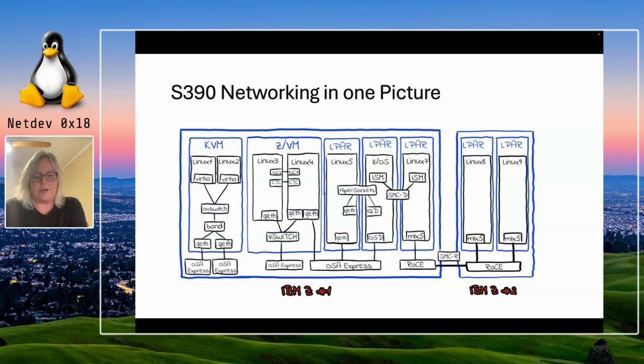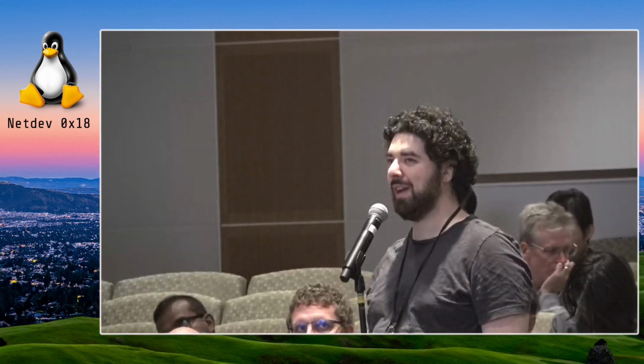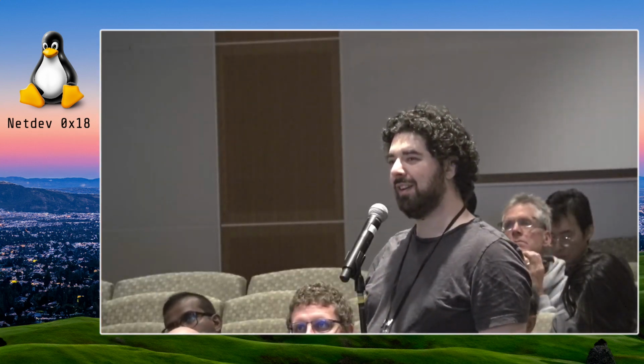And the OSA cards to the LPARs in non-DPM mode just do not provide MAC addresses, because if they are connected to 1,000 interfaces, how are they going to define the MAC addresses so that the other OSA card next to it will not choose the same one? I mean, I guess the same way Linux is generating unique MAC addresses. Randomizing. Yeah, that would be a solution, but that is not the way it is implemented.